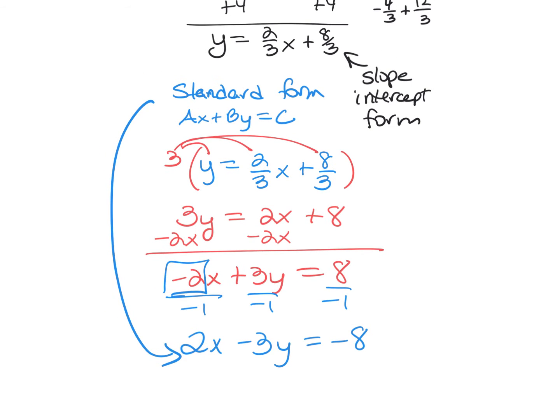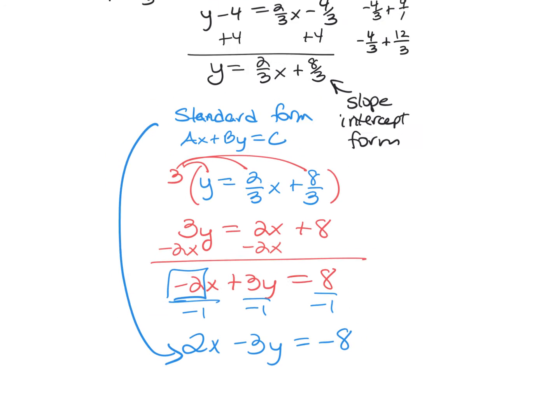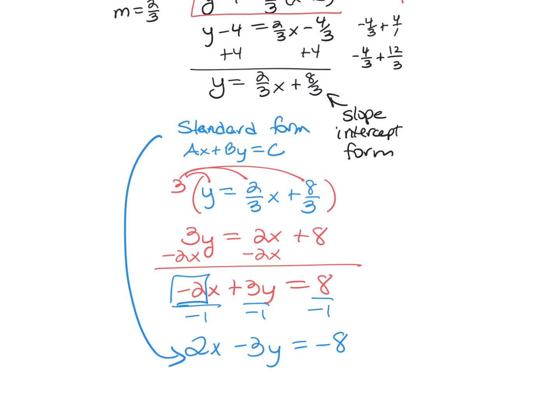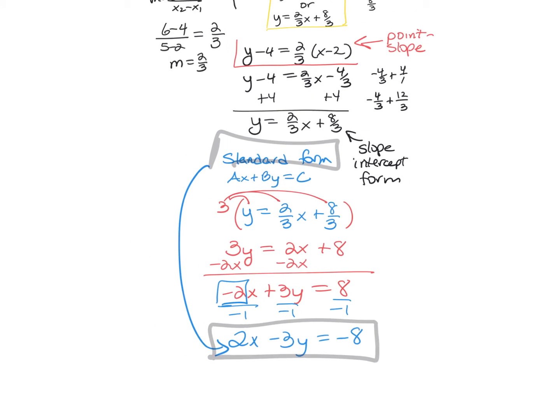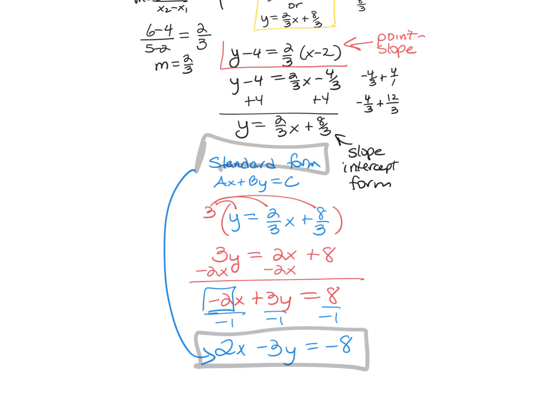So I took those two order pairs, I turned my answer into standard form, slope-intercept form, and point slope. So just read questions carefully if they ever ask you for a specific form of the equation.